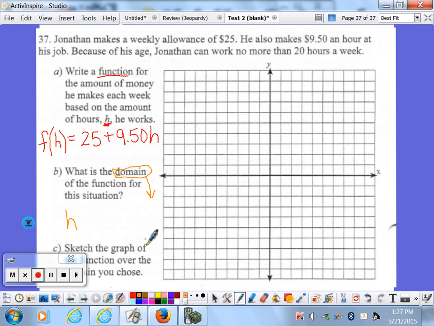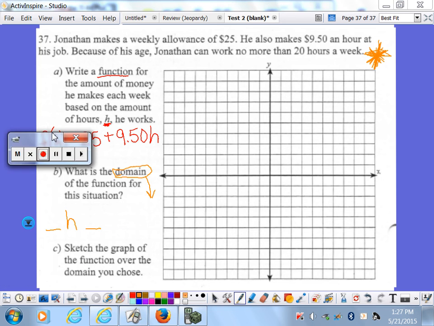Does h have to be greater than a number, less than, equal to? And that is what I'd like you to think of. Keep in mind up here, they mentioned that he may work no more than 20 hours a week. So you should actually have some sort of compound inequality where h is in the middle, and you have some inequality sign here, and some sign here, and then some number, and then some number. So think carefully about that. Go ahead.